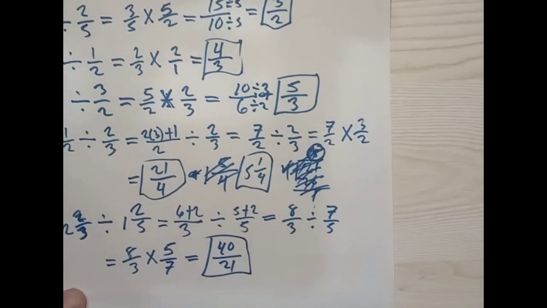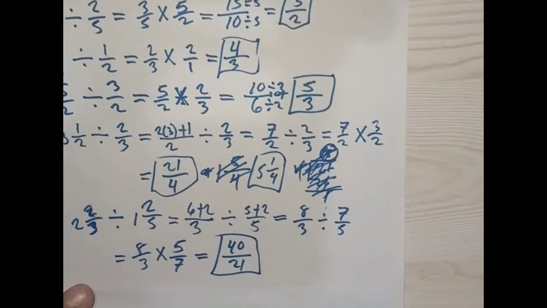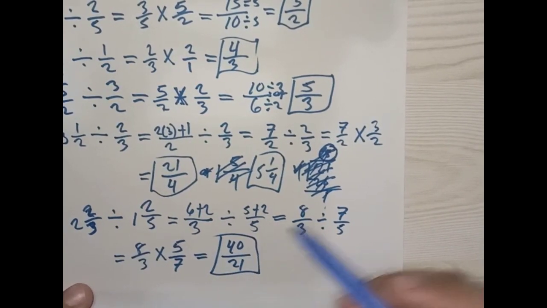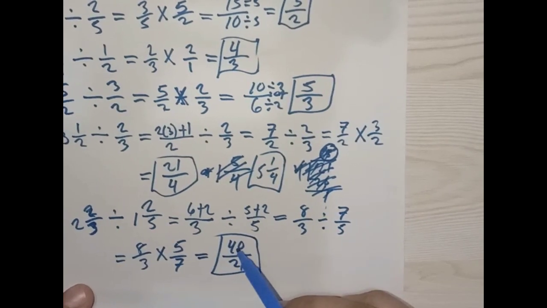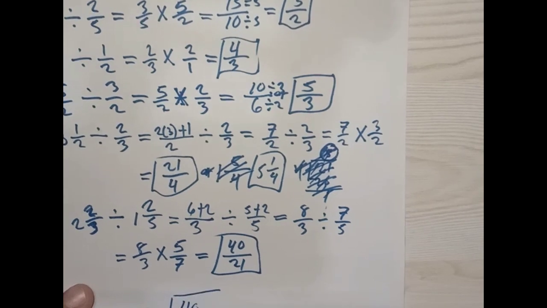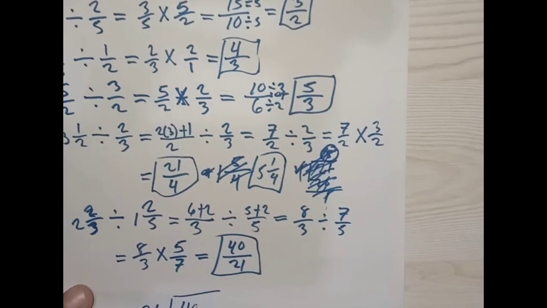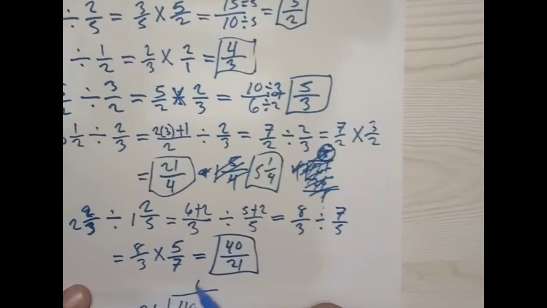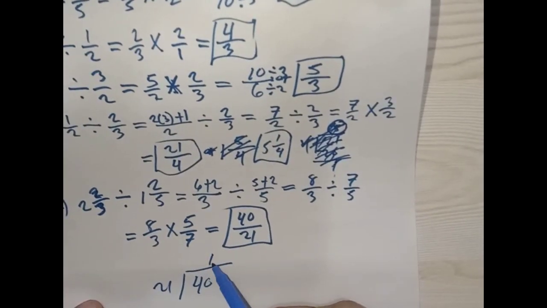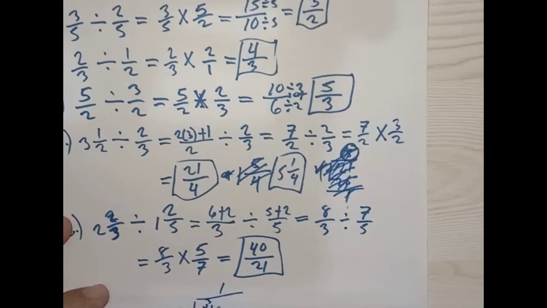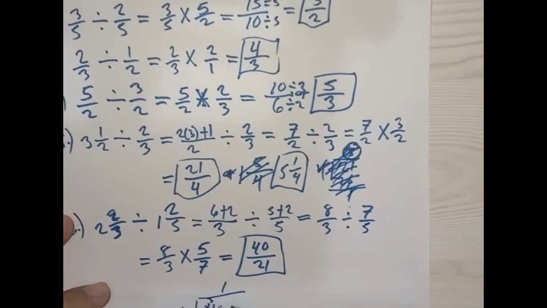And then i-reduce natin into lowest term into mixed number. Kasi improper fraction to. So kung gusto natin gawing mixed number is itong 40 di-divide lang natin sa 21. So 40 divide 21 is 1. Kasi pag to magiging 42. So 1, 21. 40 minus 21 is 19.